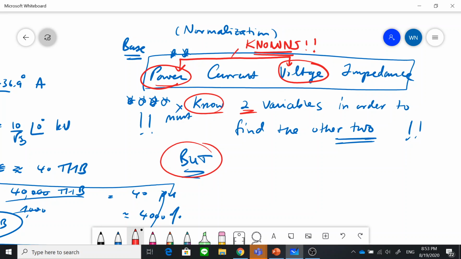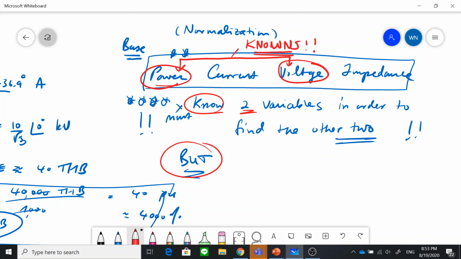And the power, as we also discussed in the first lecture, power means capacity to do the work. So if you specify a certain equipment in a power system, you must know the capacity of that equipment itself, right?